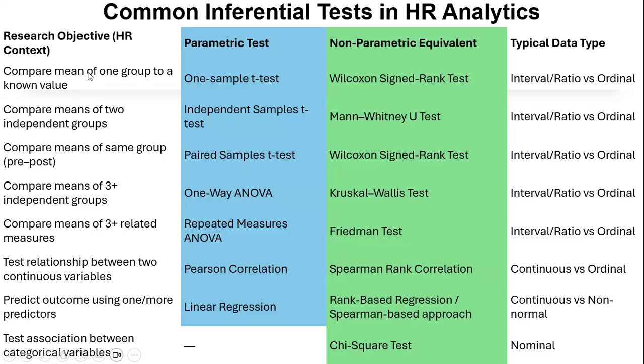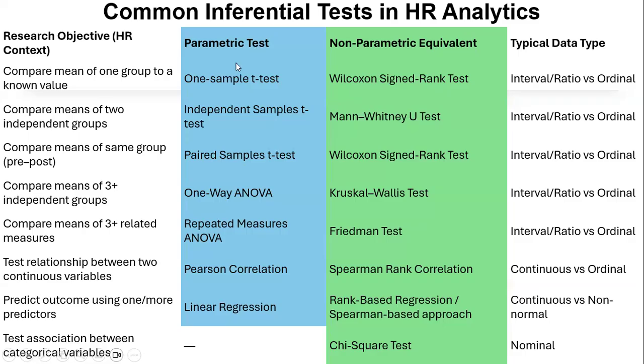So let's say you are comparing the average salary in GCTU as an institution to the mean salary that is provided by Ghana Statistical Service. That sort of analysis can be conducted using a parametric test we call one sample t-test.